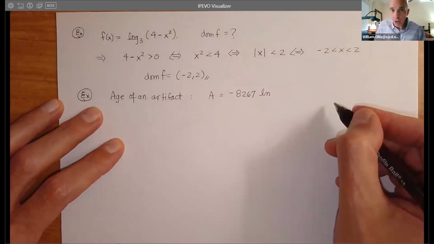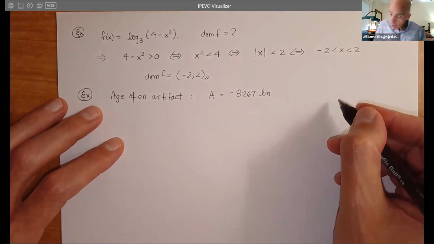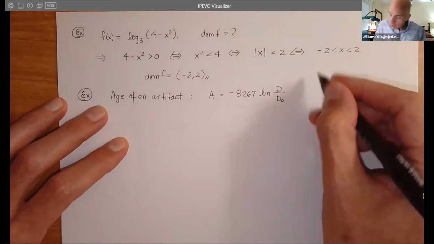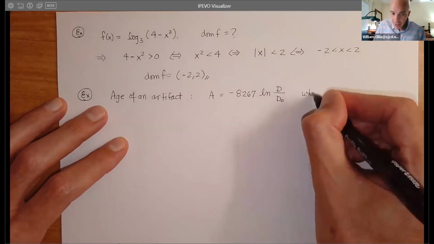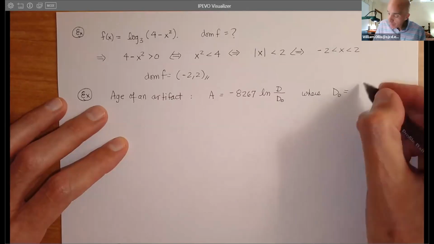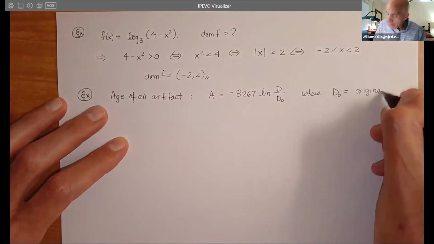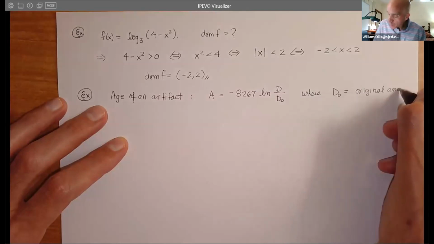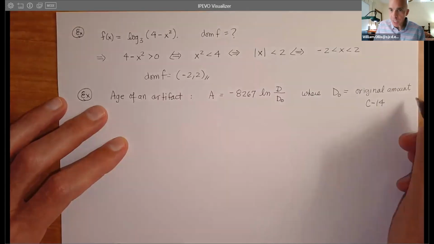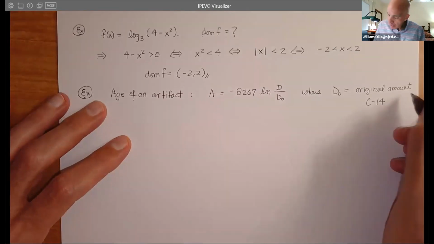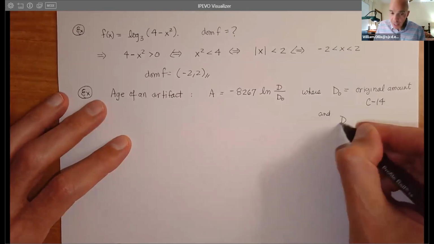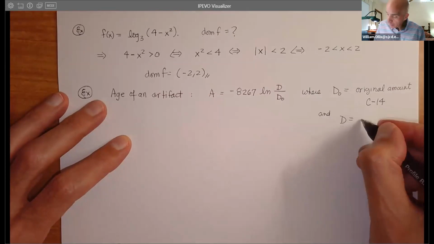We're going to use the natural log, as I spoke of before, of D divided by D sub 0, where D sub 0 equals the original amount of C14. That's a dating radioisotope, C14. And D is the amount of C14 remaining.